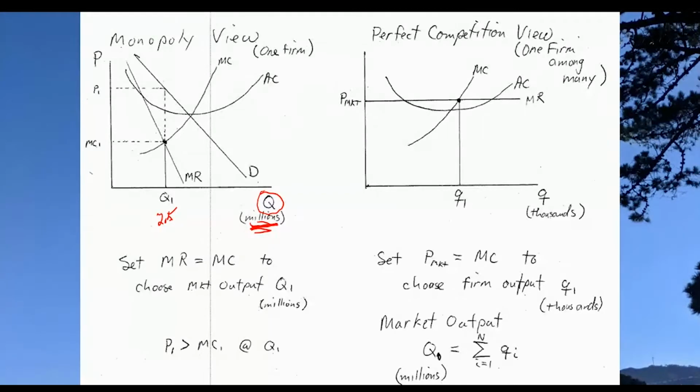Okay, and notice that average cost is coming down for the monopolist as we're increasing output from 1 million to 2 million to 3 million and so forth. So the minimum average cost might be at a level of tens of millions of units of this individual product being supplied to the market.